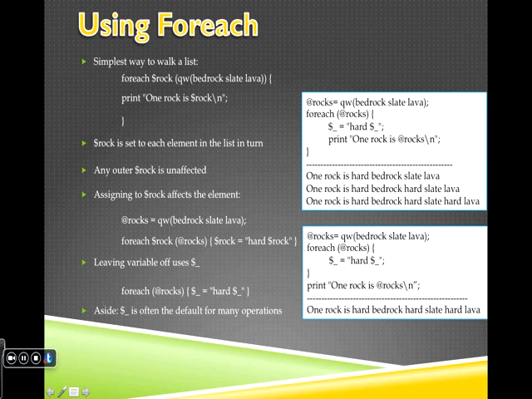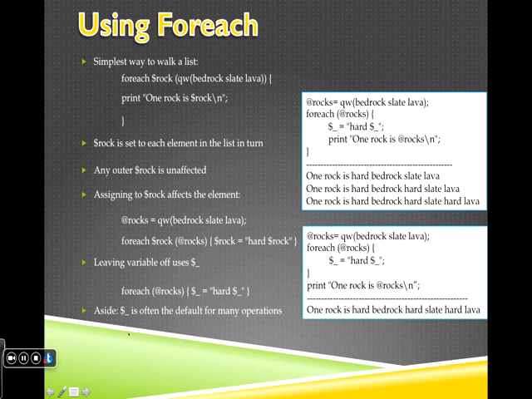What else? Assigning can affect the whole set of elements. For example here I'm assigning first the list to rocks, then I'm saying foreach element, be careful here, rock is different than rocks, foreach element of the variable rocks, give me the element in the list, and then set the value of rock equal to the word hard and add to it what is currently in rock.